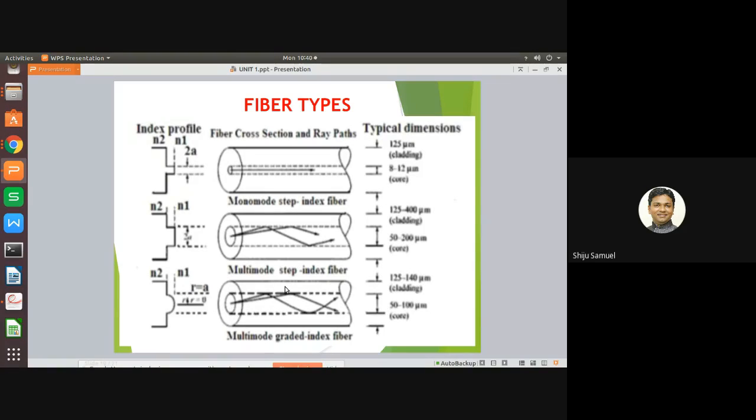In the first diagram it is clearly mentioned, on the left side you are observing n1 and n2. So these are the step change. Why does that step change occur? Because the refractive index profile for this type of fiber makes a step change at the core and cladding interface. Due to this, this type of optical fiber name came as the step index fiber.